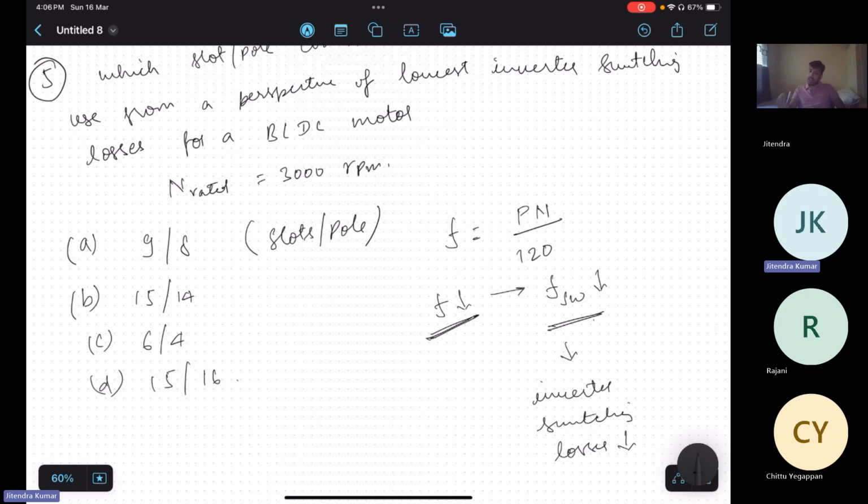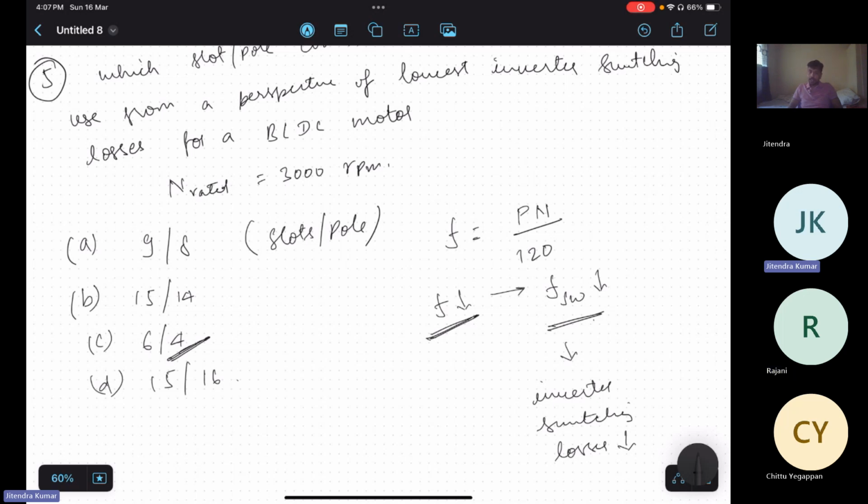So that's why we have to go ahead with the lowest number of poles, even to minimize losses in the machine. All the frequency-dependent losses are directly proportional to the frequency of the machine, which leads to a higher inverter frequency, and that will further increase the switching losses.